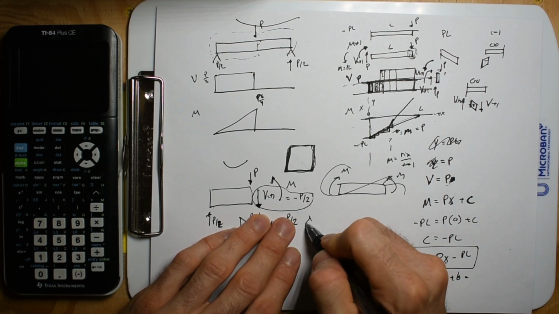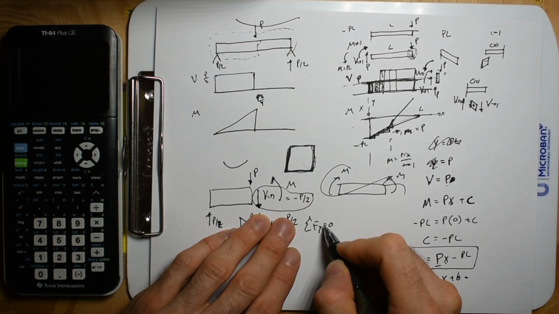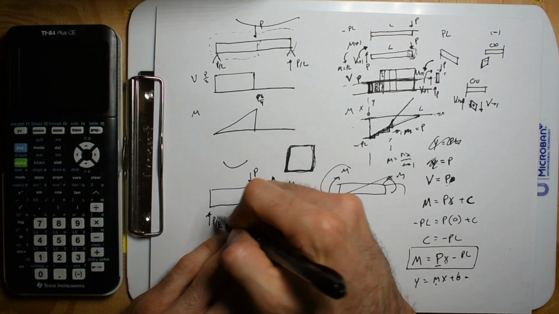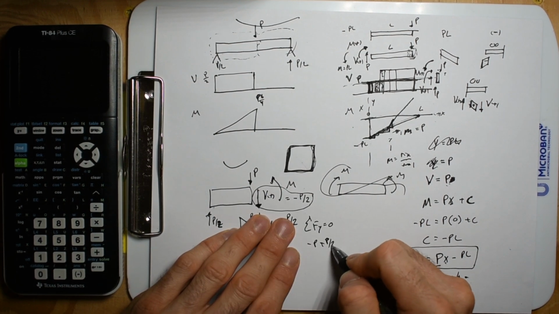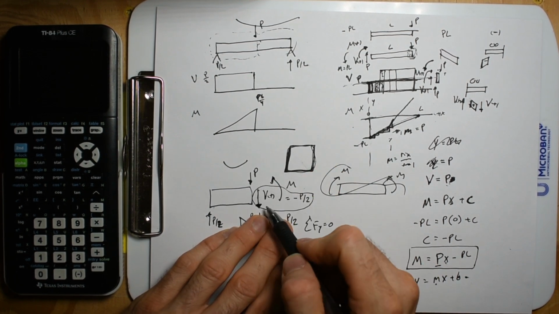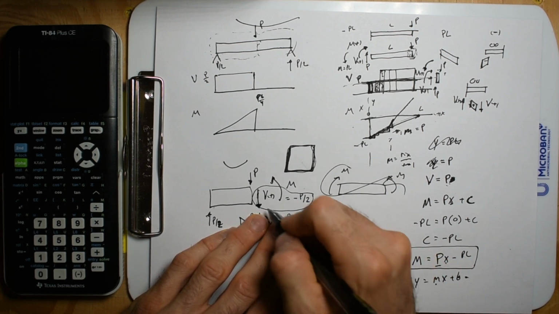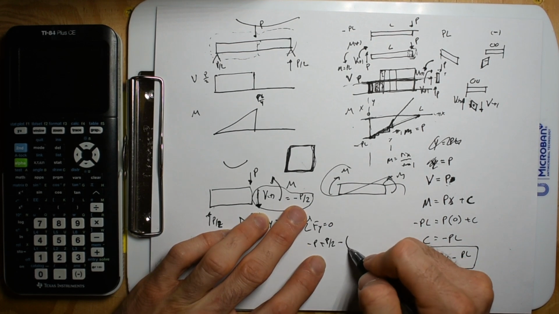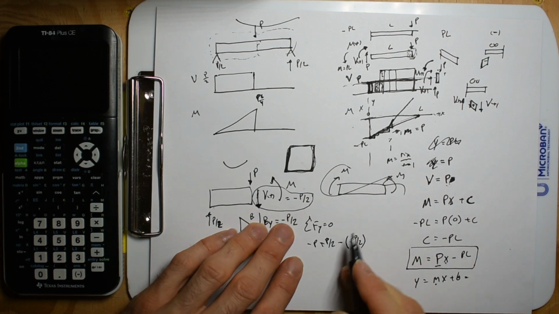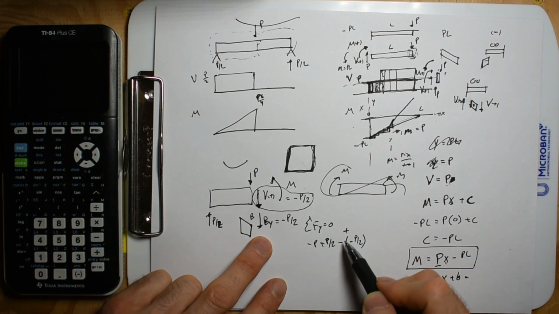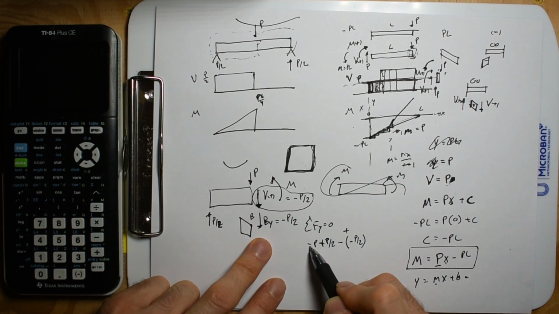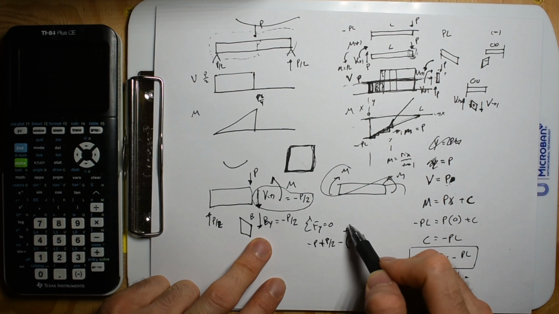And then when we go to sum the forces in the y equal to 0, we're going to say negative p down plus p divided by 2 up. And then we're going to say this is down. So we're going to say minus, but this is a negative value, minus negative p divided by 2. So a lot of ways to get this back to positive. So now we have negative p plus half a p plus half a p.